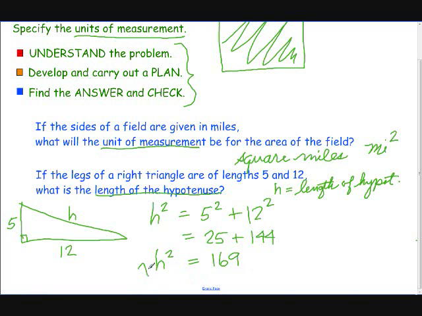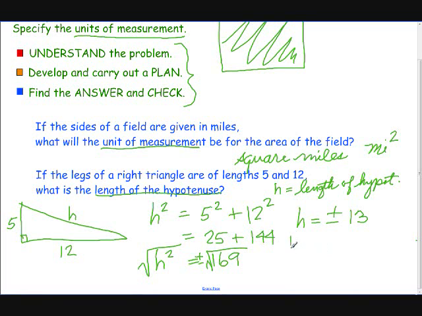Now I'm going to take the square root of this and plus or minus the square root of this, and I'll have that the hypotenuse is equal to plus or minus 13. Now, a negative doesn't make any sense at all.